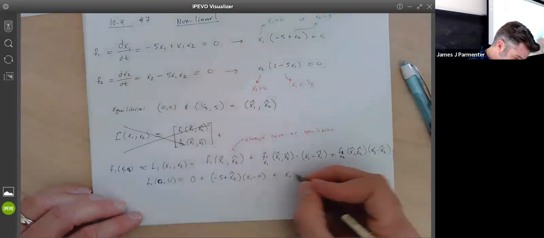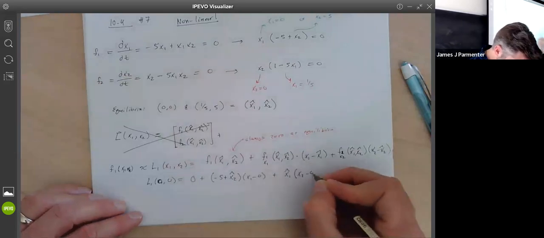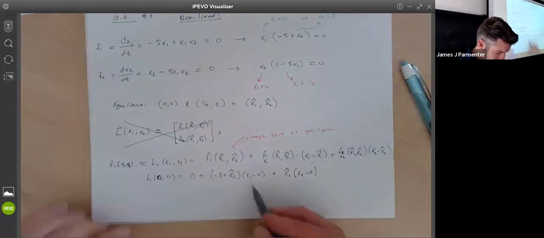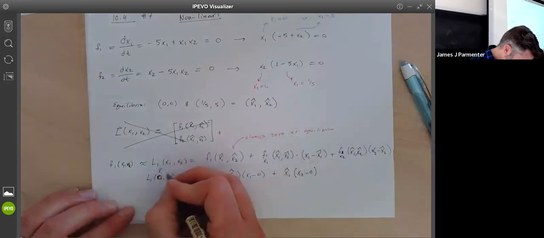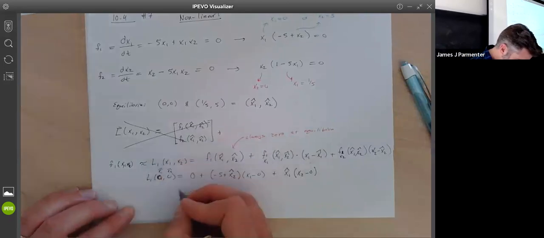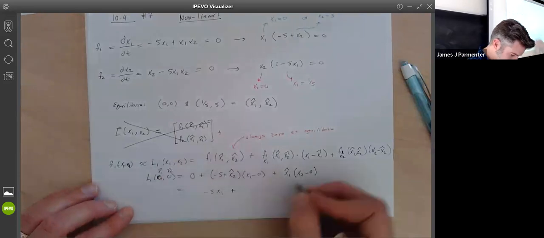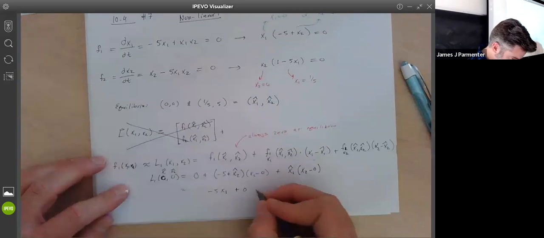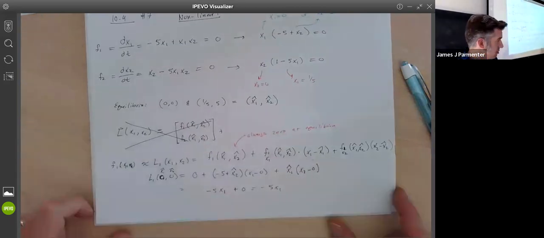And then we're plugging in x1 hat, times x2 minus x2 hat. And then we actually need to plug in the x2 hat and the x1 hat values, which are these things right here. So we're going to get -5 times x1 plus x1 hat, which is 0. Kind of boring, but fine.